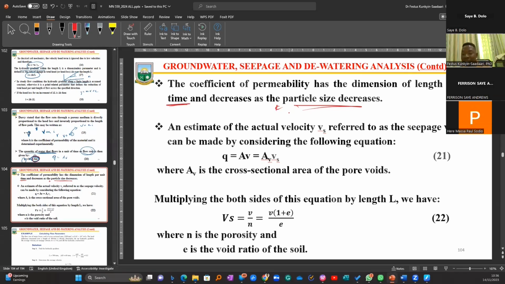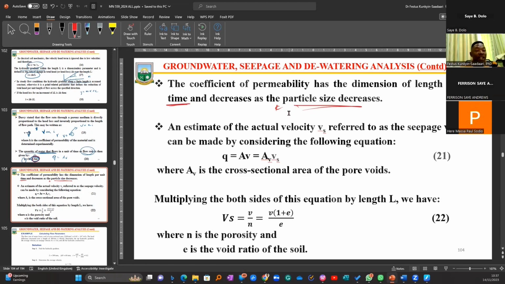And then an estimate of the actual velocity. So now, this velocity we have calculated is an average velocity based on the assumption that the water is flowing without any distraction or obstruction. So we term that an average velocity, the V we have calculated earlier.